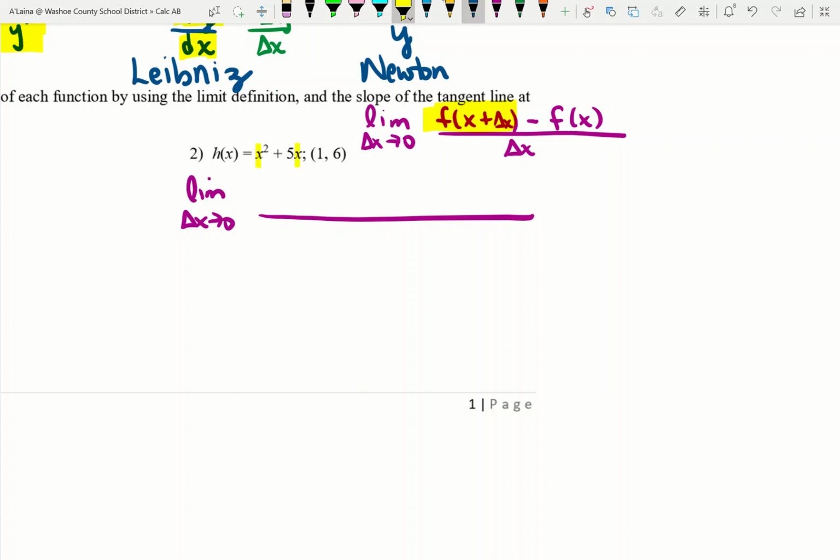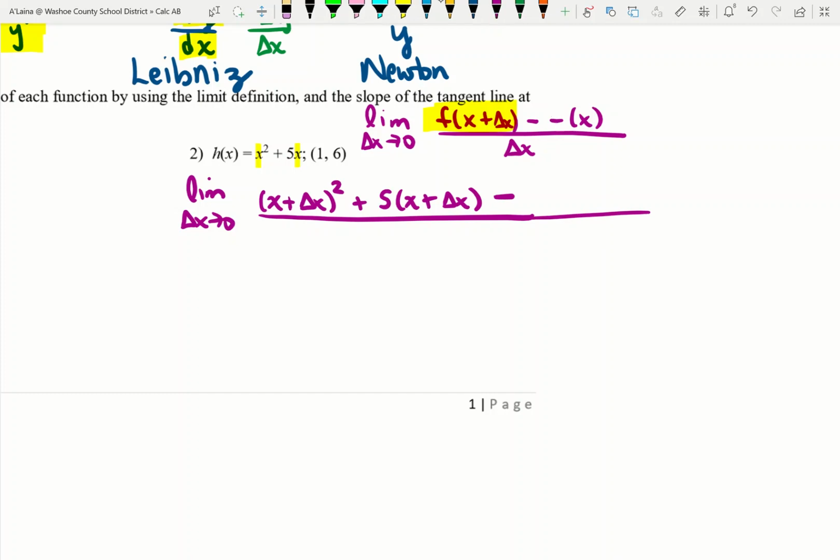And I need to do that everywhere that the input x was written in the original function. So I have my input squared plus 5 times the input. And then there's a minus in my limit, and I want to subtract off the original function f.